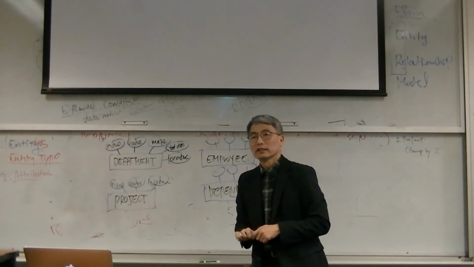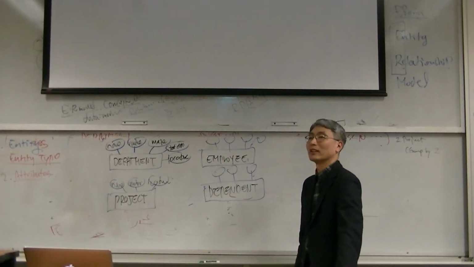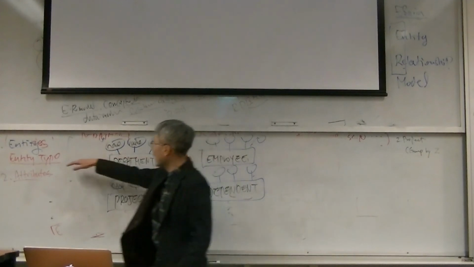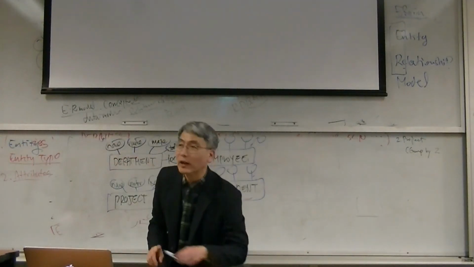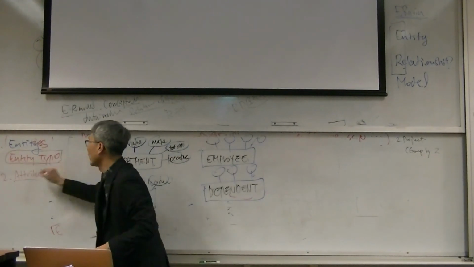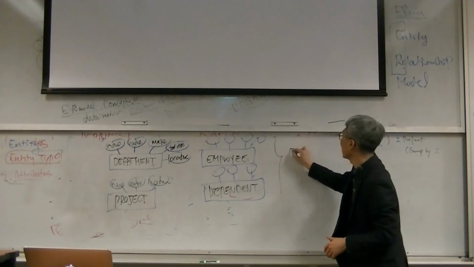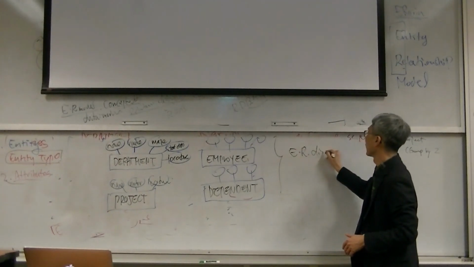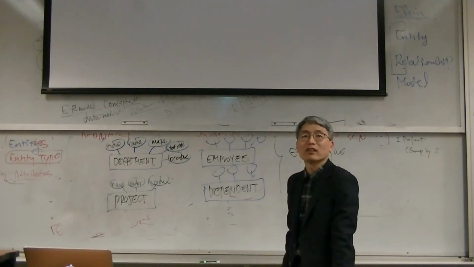Okay. So this is the first step of ER modeling. So we did the first step and second step: find the entity types and their attributes, and using this, a diagram. So the output of conceptual modeling is the ER diagram.